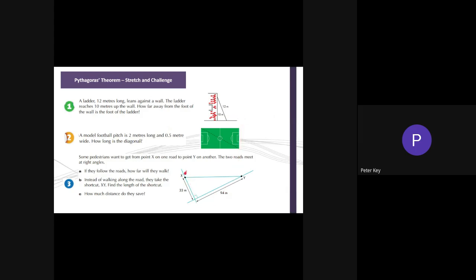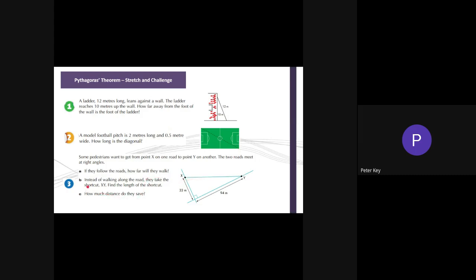Okay. So X and Y, and there's the right angle. If they follow the roads, how far will they walk? So if they follow this road, X and Y, how far will they walk? Well, they'll walk 33 meters that way, 94 meters that way. That's the first bit done.